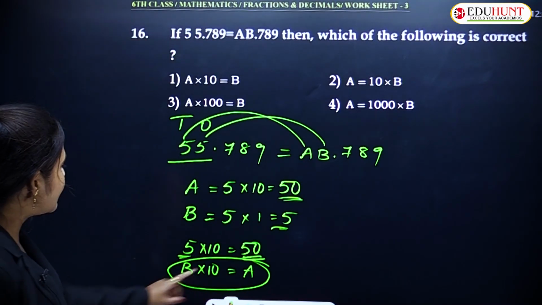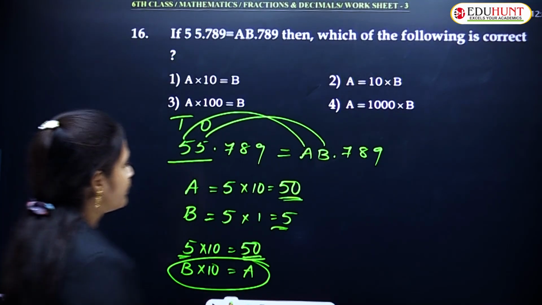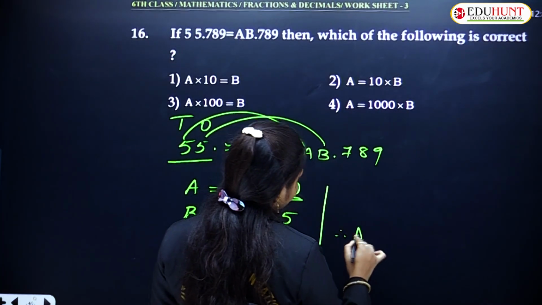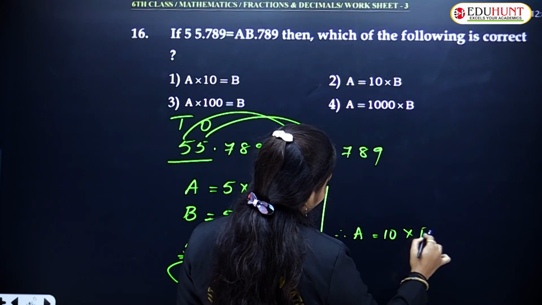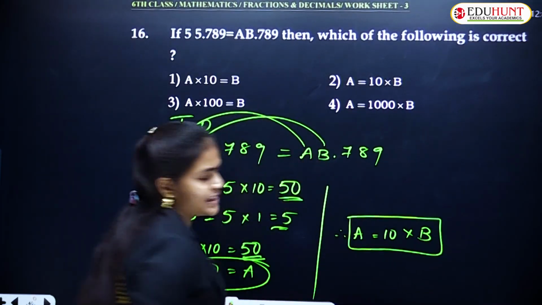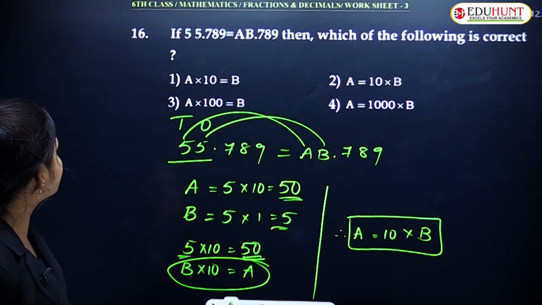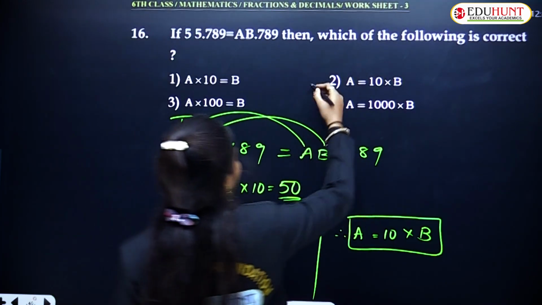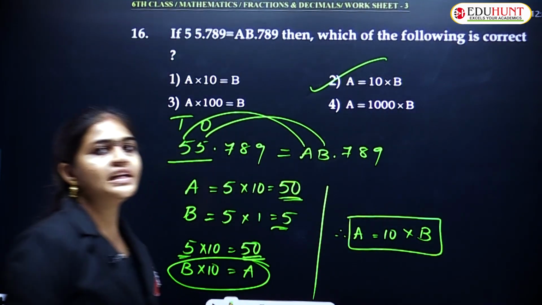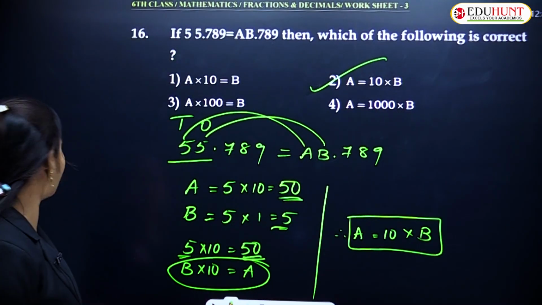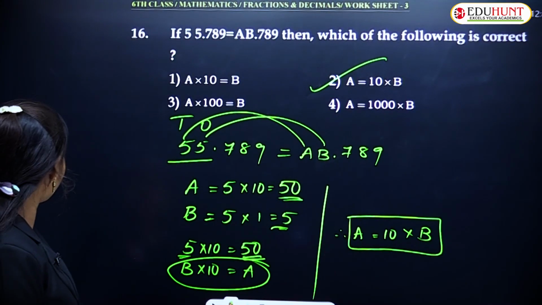A is equal to 10 into B. This condition is satisfying. Where is that option? Option 2 is satisfying, that is A is equal to 10 into B.